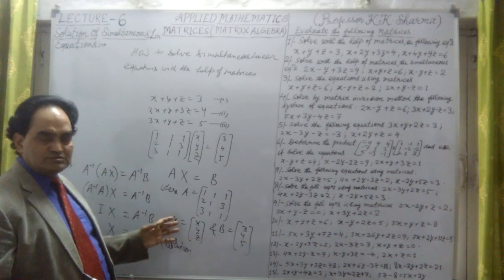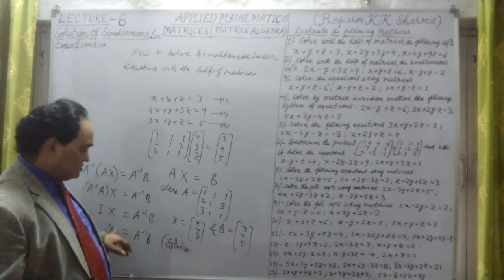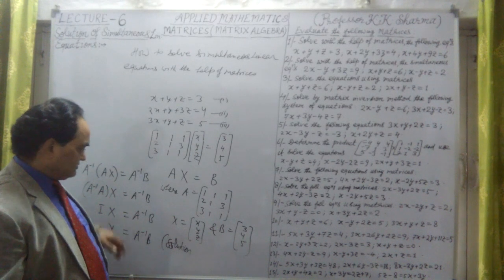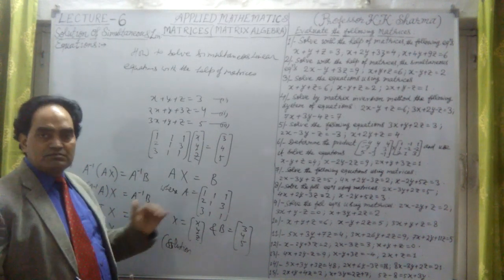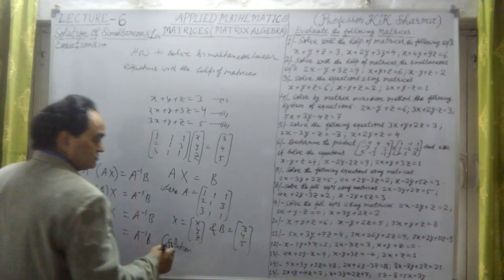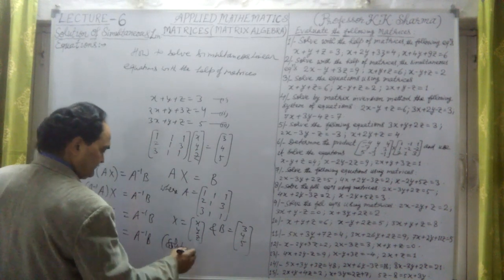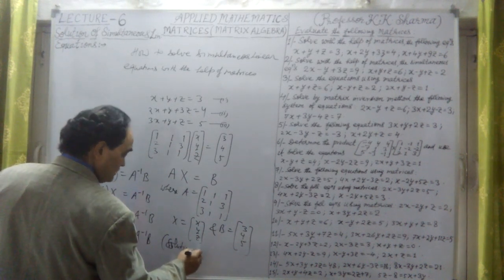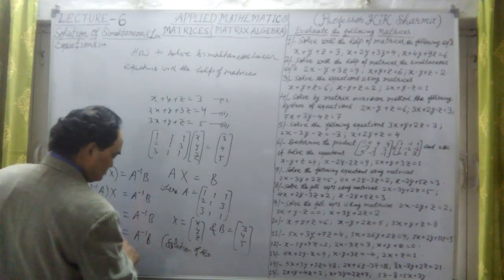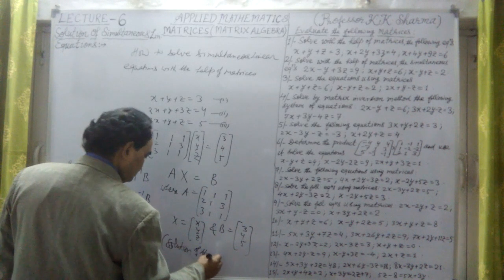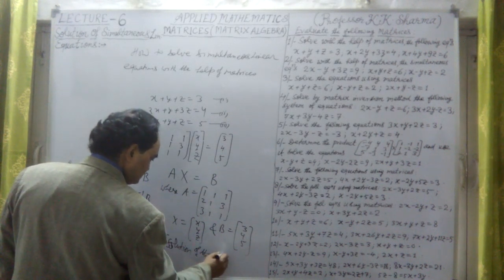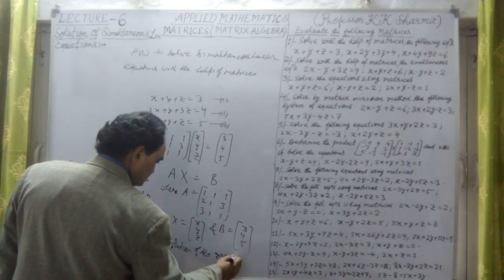Whatever solution comes out will be equal to the column matrix X, Y, Z. Then we will equate them simultaneously or separately. This is the solution in matrix form of the given equations.